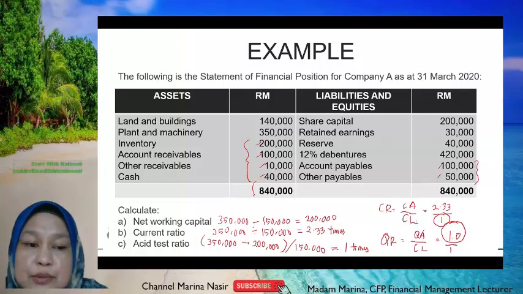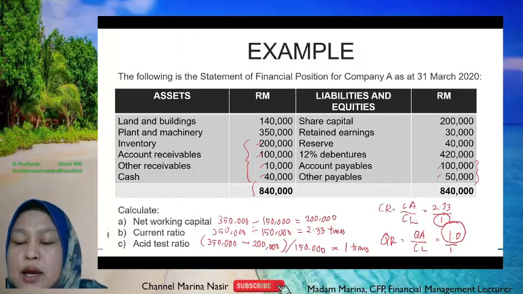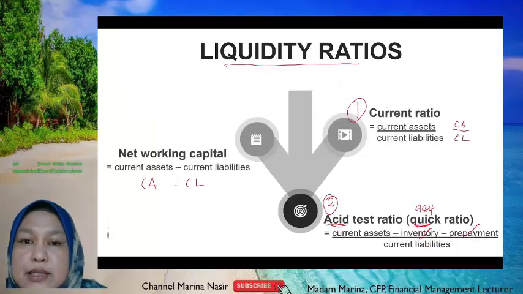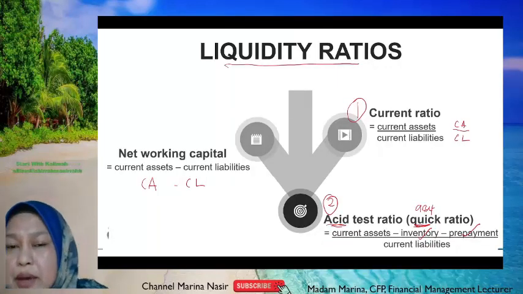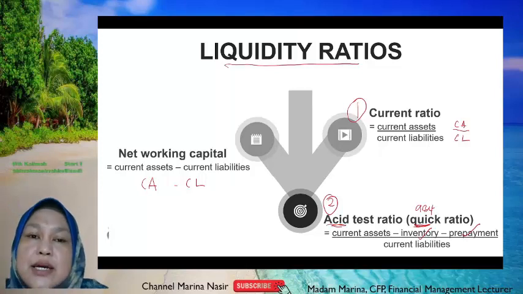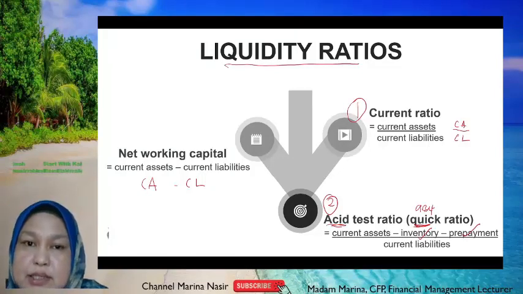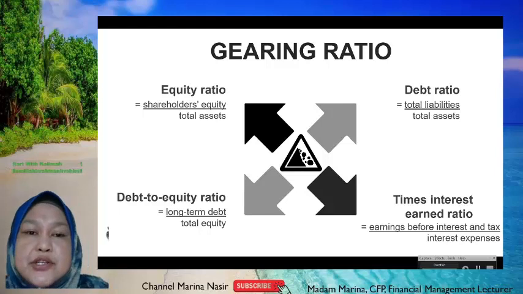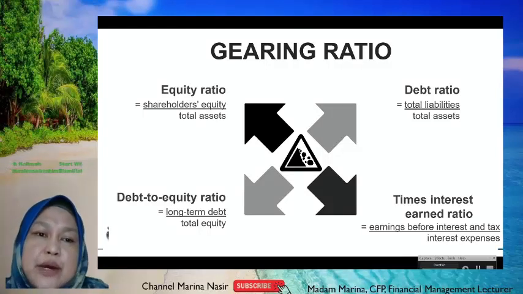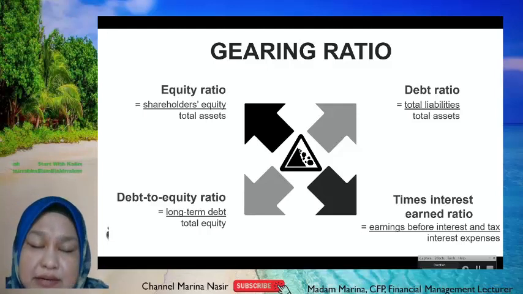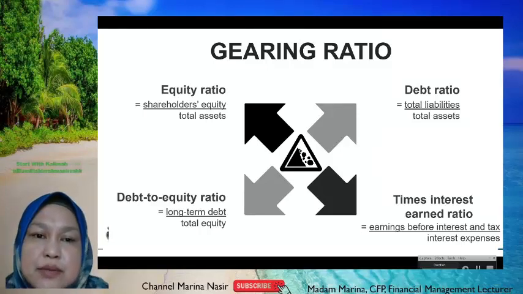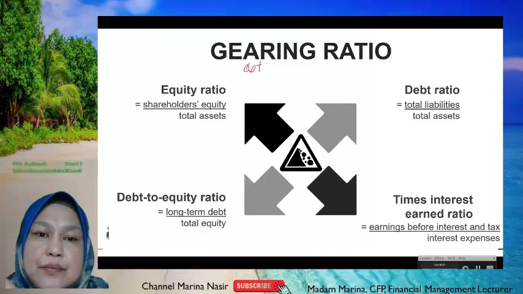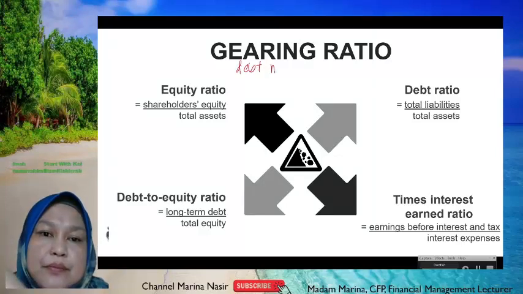So we have calculated the current ratio and acid test ratio. I repeat, why do we calculate the liquidity ratio? To measure the ability of the company to cover its short-term obligations. Next, the gearing ratio. What is the gearing ratio and what is the purpose of calculating it? Another name is the debt management ratio.